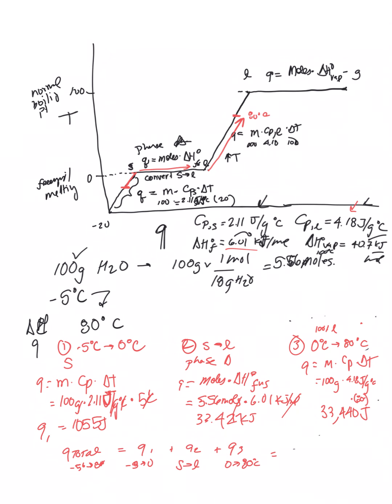And again, remember, we'll put this in kilojoules. So this would be 1.055 kilojoules, and this would be 33.44 kilojoules. I just divided those by 1,000 to get those numbers because kilo means 1,000. So that would be 1.055 plus 33.42 plus 33.44.